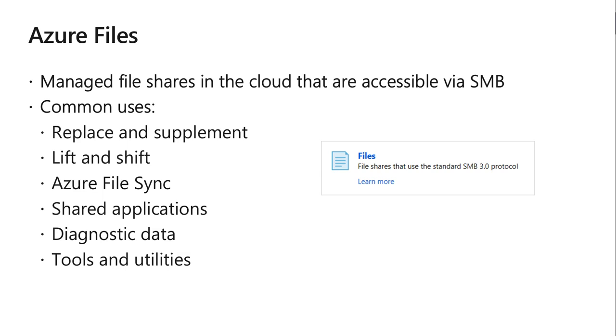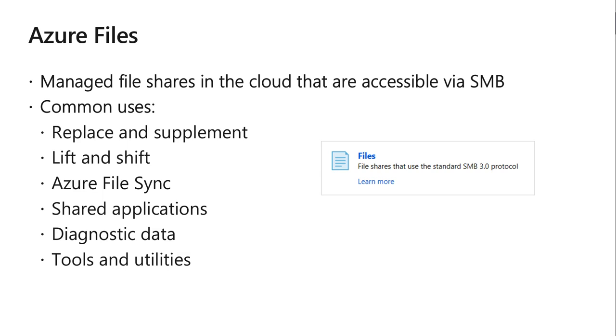Applications running in Azure virtual machines or cloud services can mount the file share to access the file data, just as a desktop application would mount a typical SMB share. Any number of Azure virtual machines or roles can mount and access the file storage simultaneously. I think it's pretty straightforward in there.